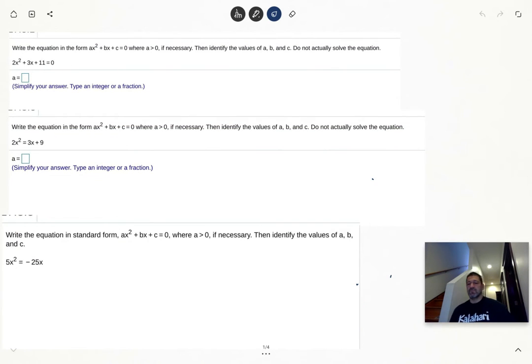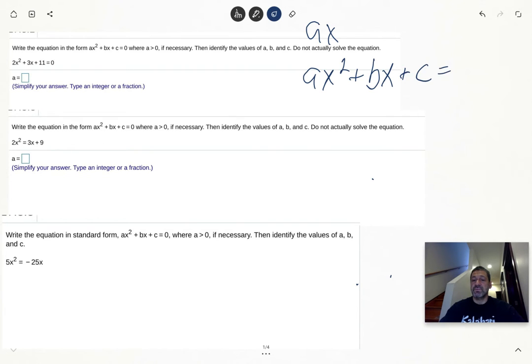All right. So first of all, in order to apply the quadratic formula, you got to make sure your quadratic equation is in the standard form. So again, the standard form would be ax squared plus bx plus c is equal to 0.